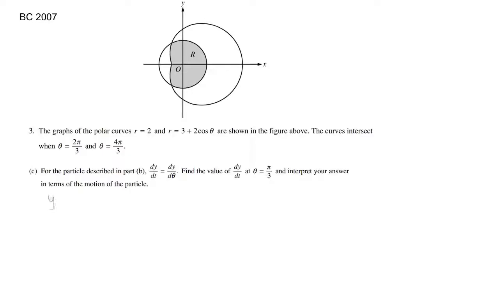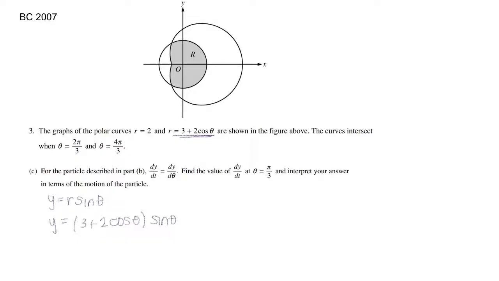Again, remember y equals r sine theta, so we need to plug in our r value and find a particular position. Y equals, and r was 3 plus 2 cosine theta, times sine theta.